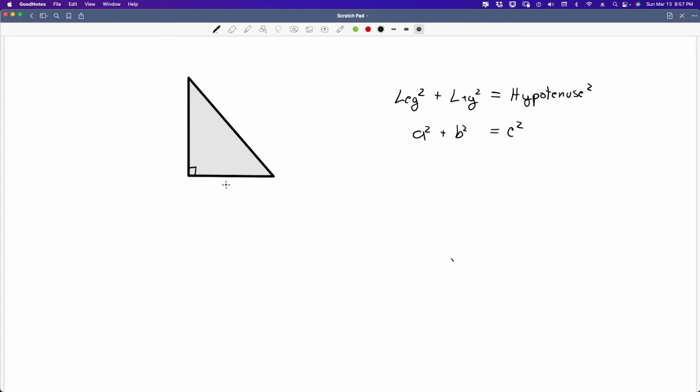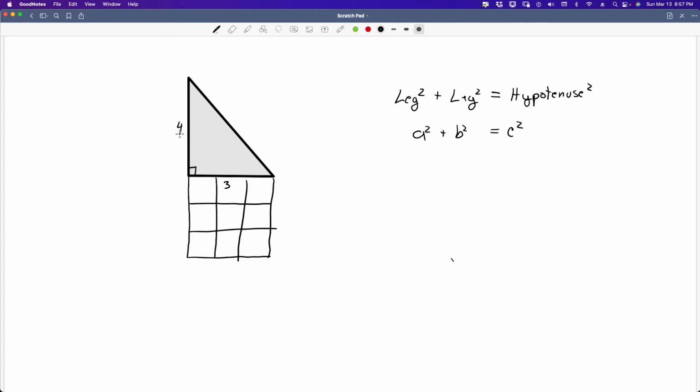If this is 3 inches long, I could actually make it a square here, and I'm going to put 3 blocks and 3 blocks. So 3 squared would be 9. 3 by 3, that's 9.